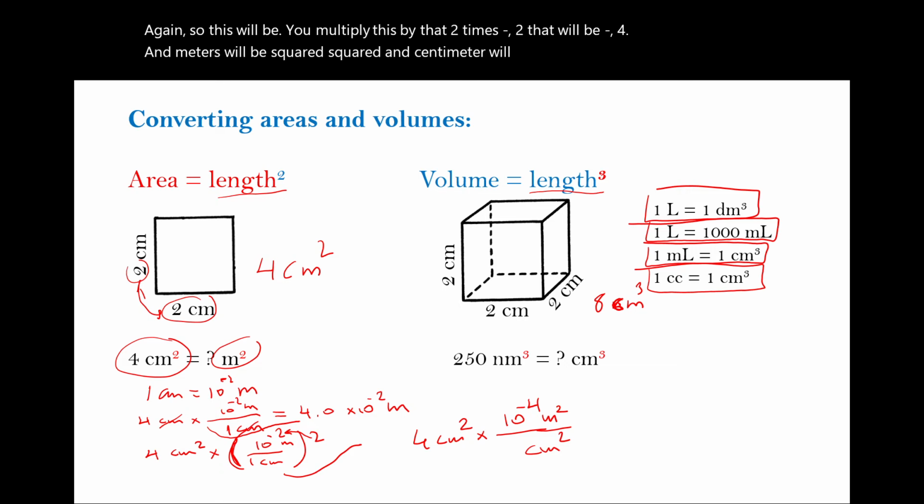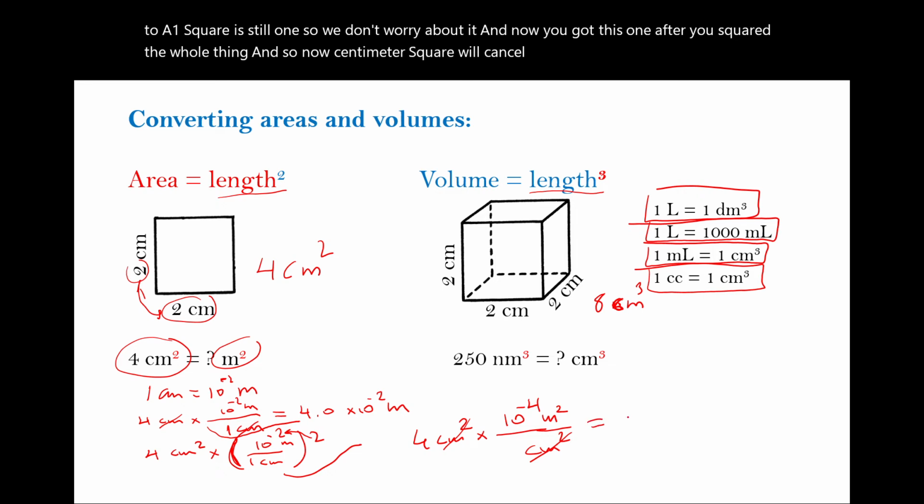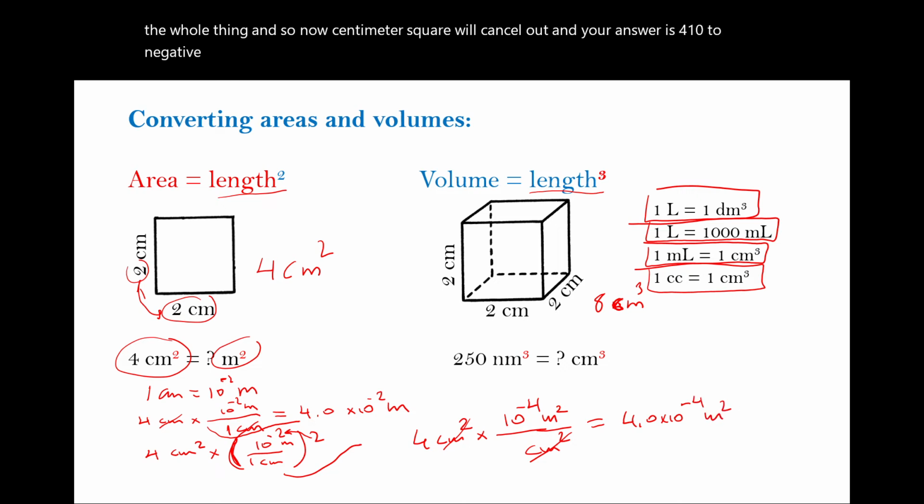So 1 will be squared, but 1 square is still 1, so we don't worry about it. Now you got this after you square the whole thing. And so now centimeter square will cancel out, and your answer is 4 times 10 to negative 4 meters square.